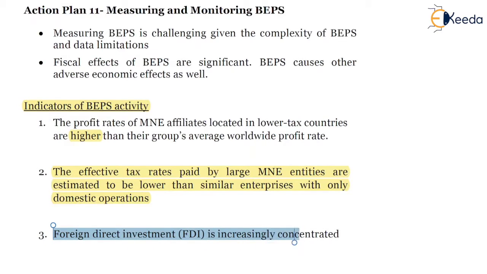FDI is increasingly concentrated. Foreign direct investment is increasingly concentrated in the country where there is lower tax rate. So again, funds are being parked in a country where there is lower tax rate so that nil tax can be paid in that country when funds are repatriated, and also capital may be easily moved from one country to another.